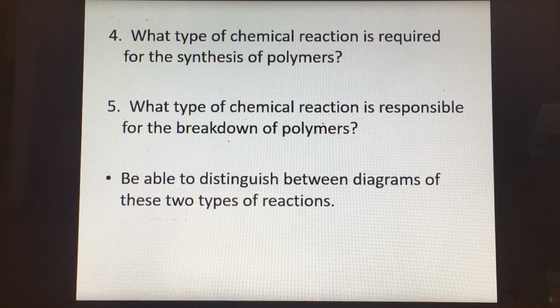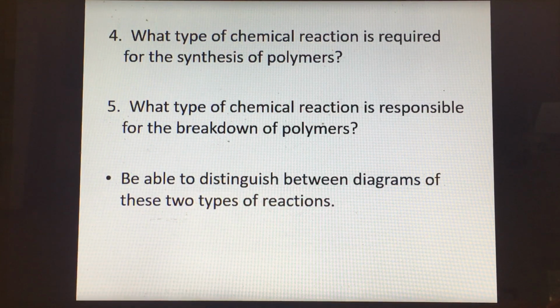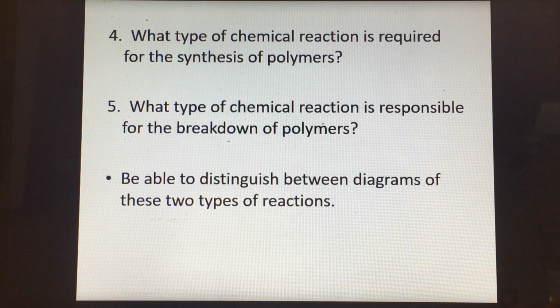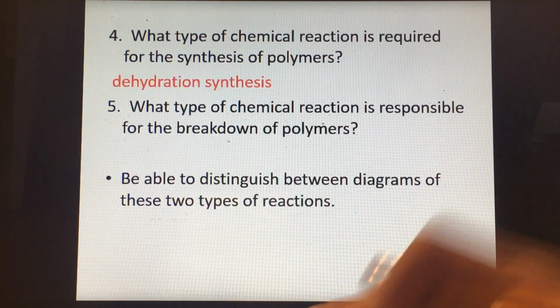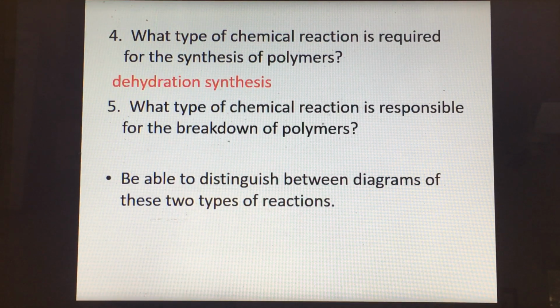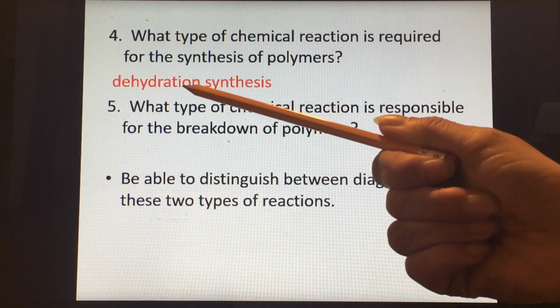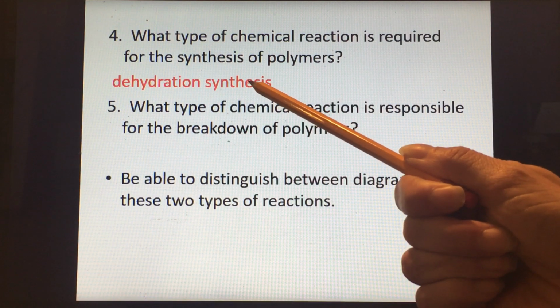So what type of chemical reaction is required for the synthesis of polymers and also actually dimers? That would be dehydration synthesis. If you have smaller molecules coming together to form larger molecules and water being released, you've got dehydration synthesis. Dehydration means removing water, and synthesis means putting together.